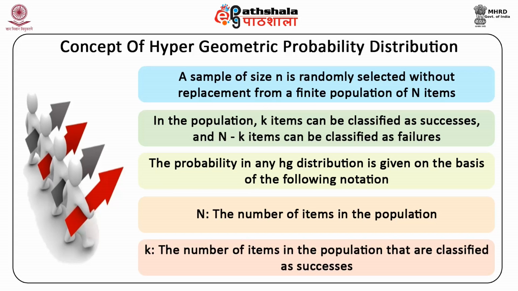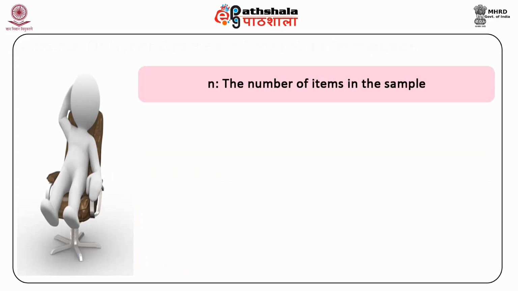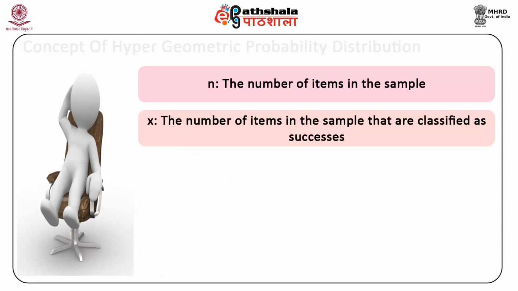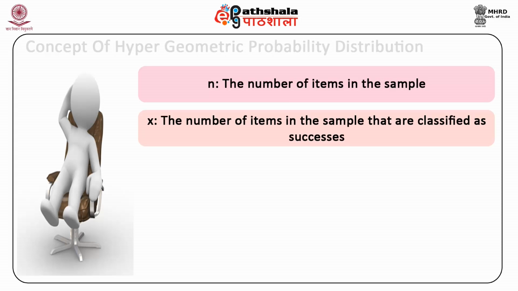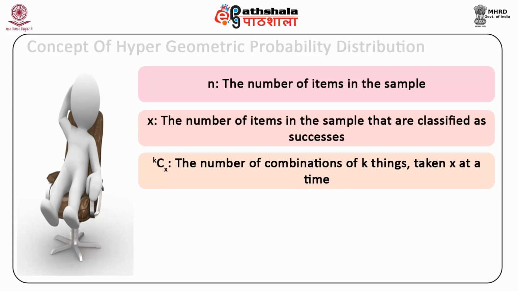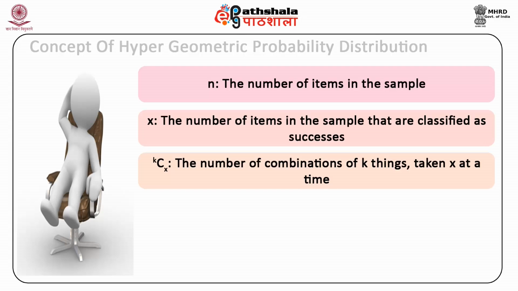K, the number of items in the population that are classified as successes. Small n, the number of items in the sample. Small x, the number of items in the sample that are classified as successes. kCx, the number of combinations of k things taken x at a time.